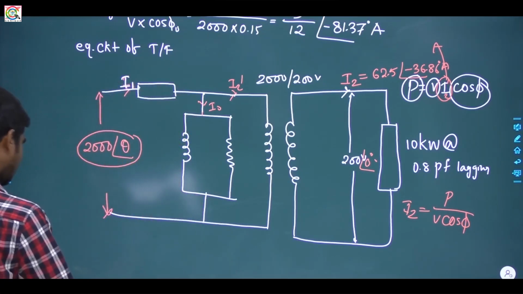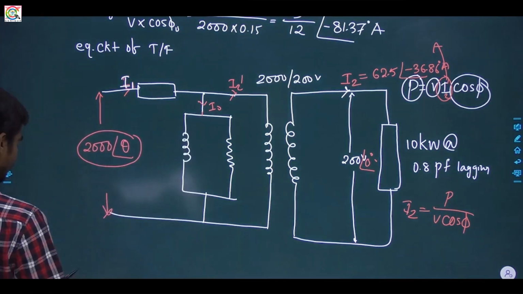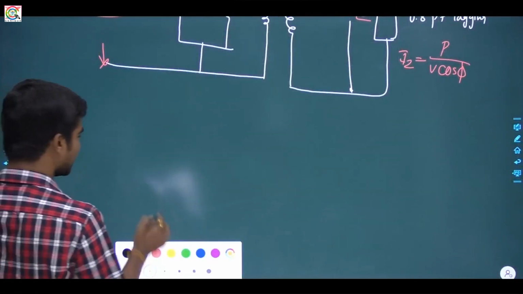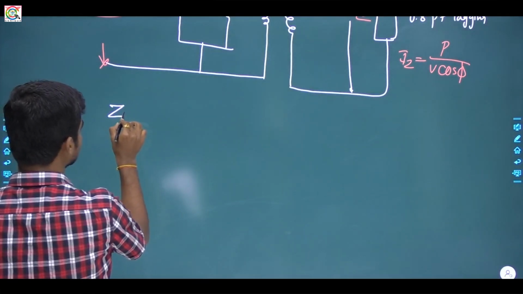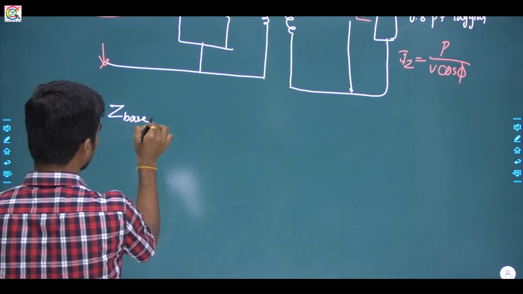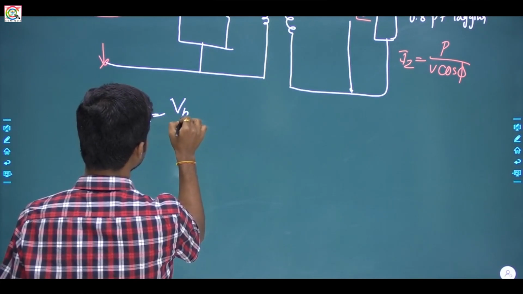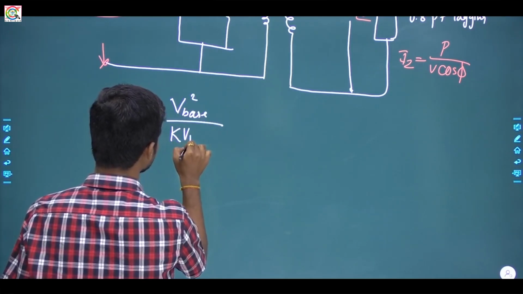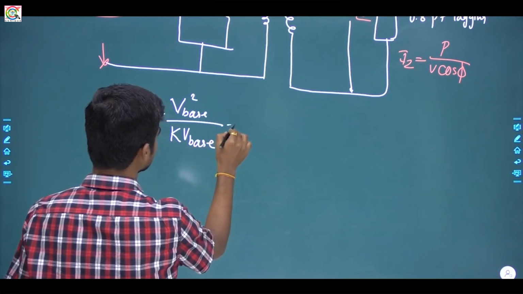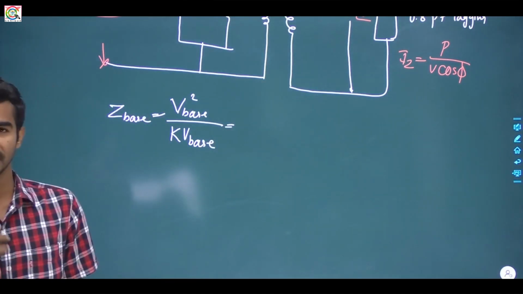So to write absolute quantities, you might be knowing, we know Z base is given by voltage base square divided by kVA base.